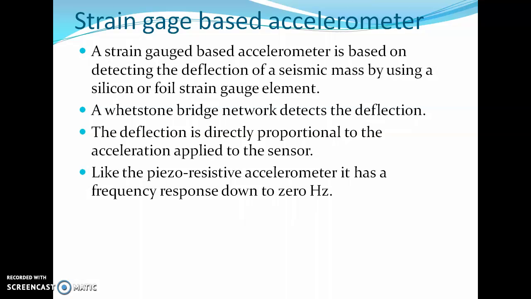Basically we have seen this type of accelerometer in one of our previous presentations. A Wheatstone bridge network detects the deflection. The deflection is directly proportional to the acceleration applied to the sensor. Like the piezoresistive accelerometer, it has frequency response down to 0 hertz.